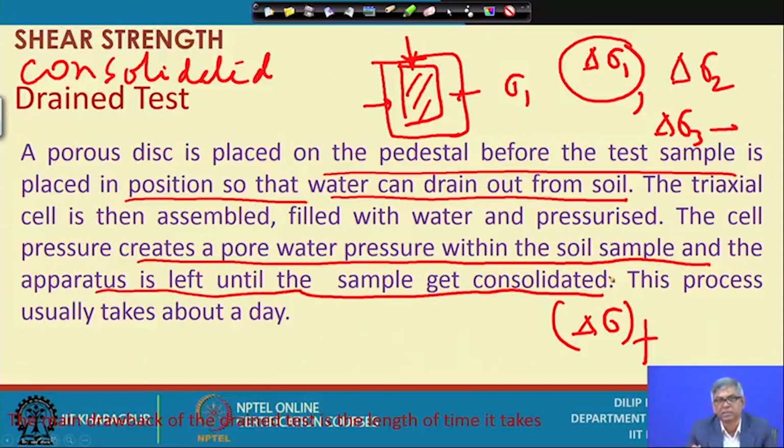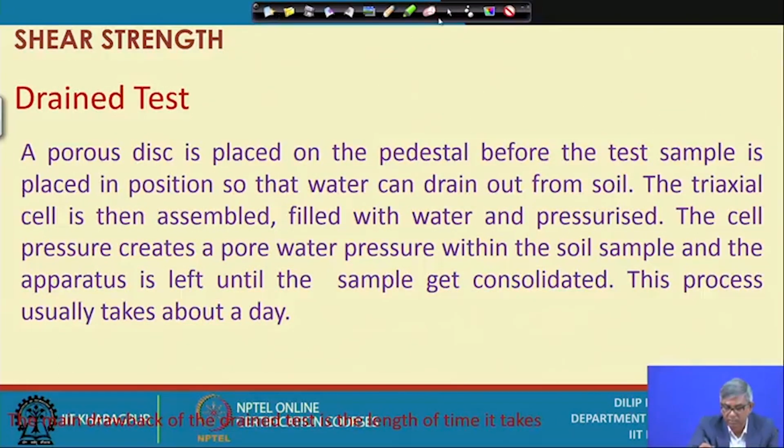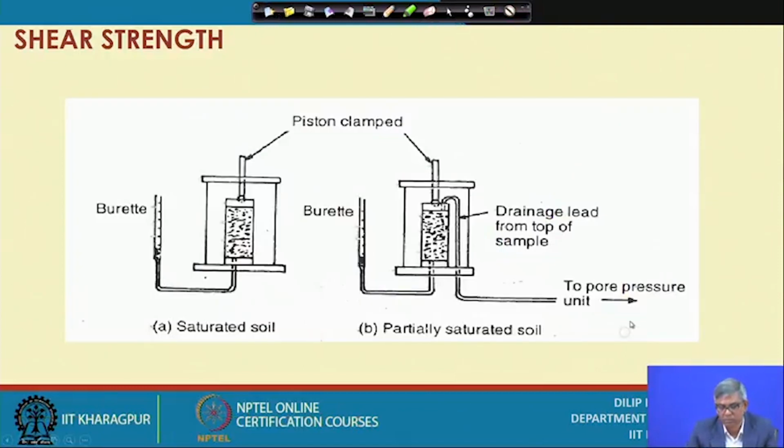That means you have to monitor until whatever pore pressure develops because of this confining pressure becomes close to 0. There are a number of checks, of course, pore pressure checks, which I am not going into right now, and this process usually takes about a day. So, the consolidation process itself takes 1 day, and then the next stage follows. This is the way we do it.